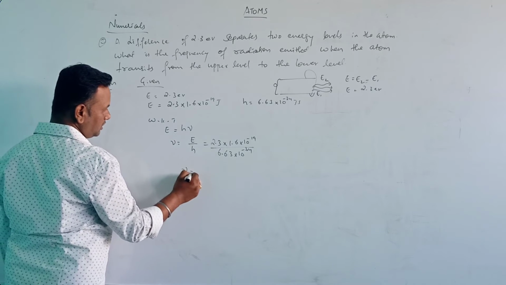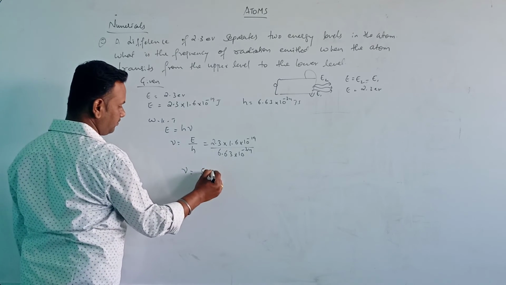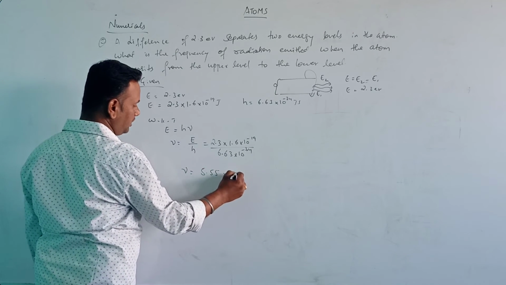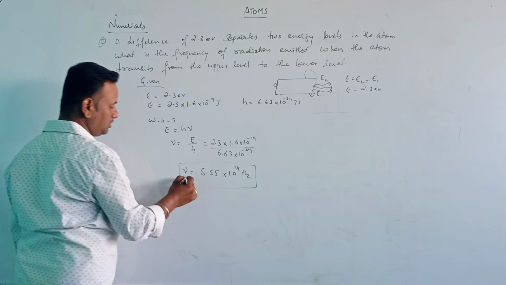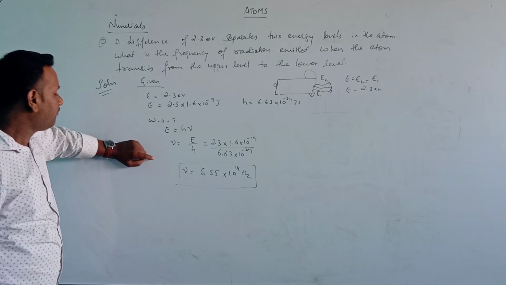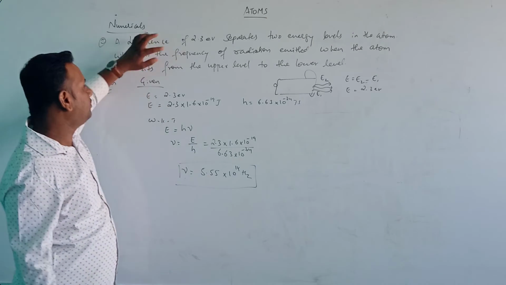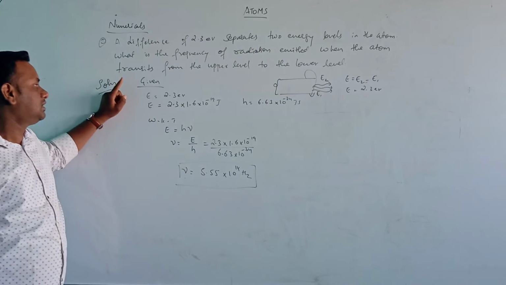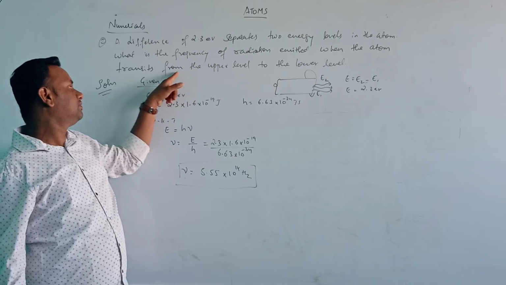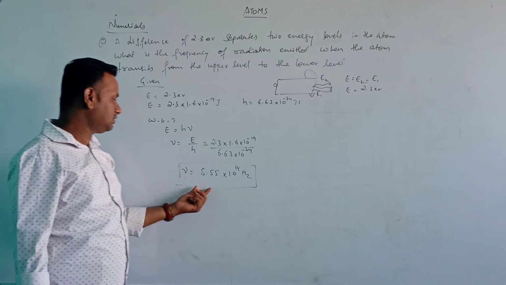So therefore nu is equal to, if you divide it, you will be getting 5.55 into 10 to the power of 14 Hertz. So this is the 5.55 into 10 to the power of 14 frequency, is the frequency of the radiation emitted when the atom transits from the upper level to the lower level. So this is the solution.